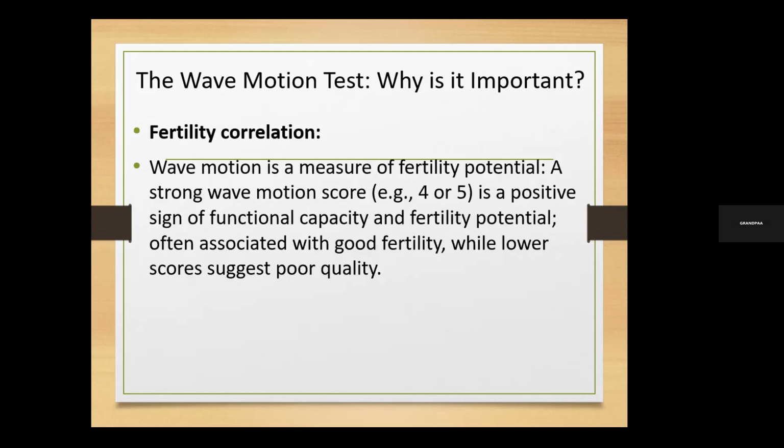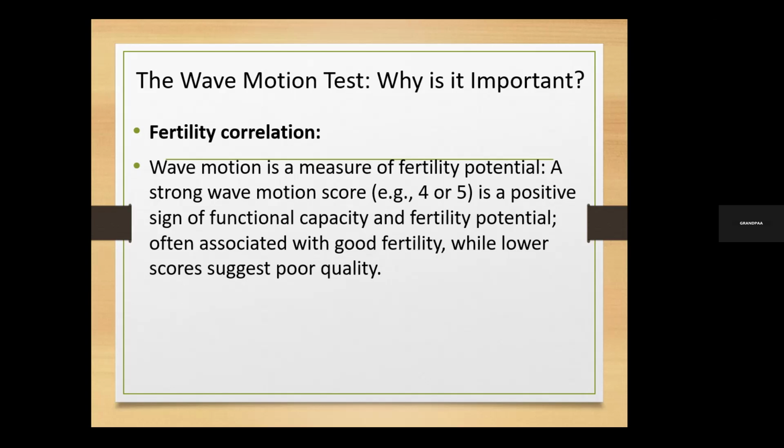It also has fertility correlation. So once we have a very high wave motion score of 4 or 5, you know that this person is unlikely to have any fertility issue. So you can correlate that with fertility, even if you don't want to do the full semen analysis profile. Like with the gold mining, they do sampling, and then straight away they know that, oh, this place, you don't need to go and dig, the sample is not anything to go by.